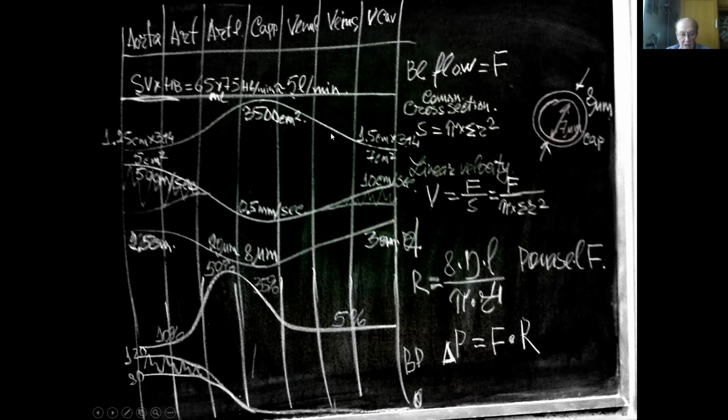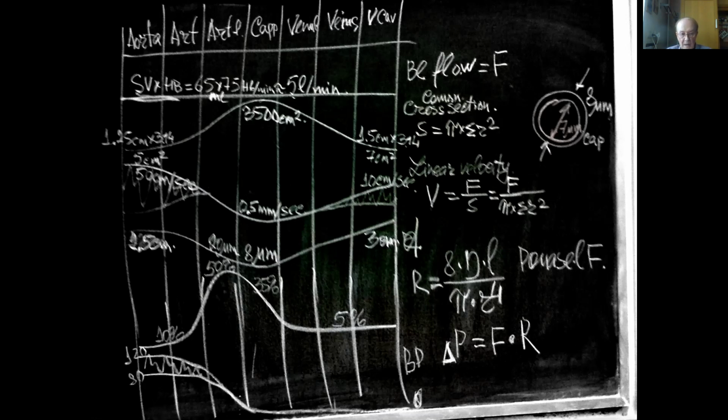That's why the linear velocity depends only on the common cross-section, and the decrease of the blood pressure inversely correlates with the friction, the vascular resistance. There are two very important questions which are asked at the exam very often.